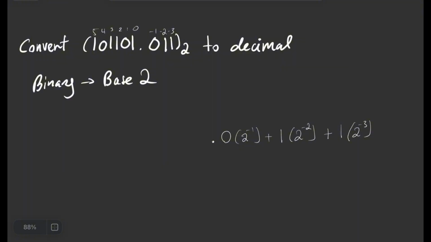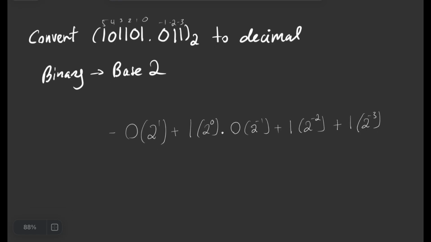And then on this side of the radix point, it is going to be 2 to the 0 times 1, plus 2 to the 1 times 0, plus 2 to the 2 times 0.